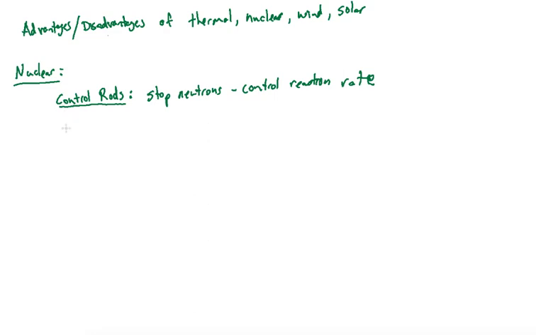The second thing you need to know about is something called a moderator. This is usually a small molecule substance that slows down neutrons but doesn't fully absorb them. Usually this is graphite or heavy water. Heavy water is just H2O, but instead of the regular hydrogens, you have deuterium, which is an isotope of hydrogen.